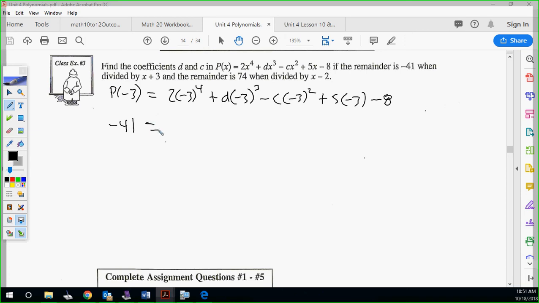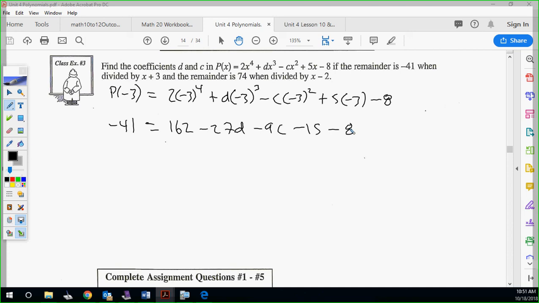Okay, so negative 3 to the 4th, that's your 81. So it's 162 again. Okay, minus 27d, minus 9c, minus 15, minus 8. So I just want to get this so it's just, like I told you, a little bit better if you just have the variables on one side, the constant on the other side.